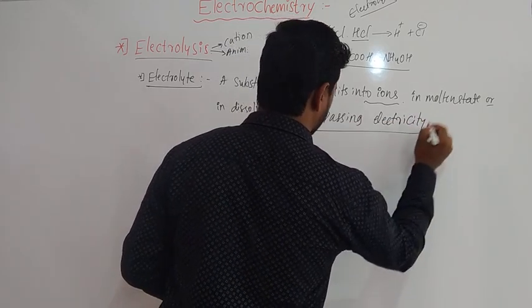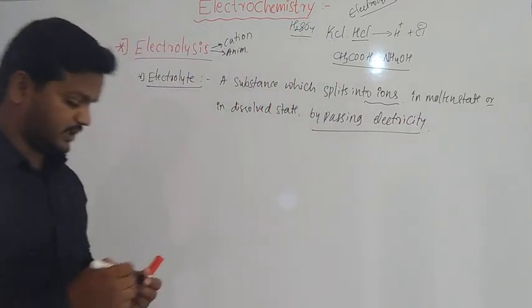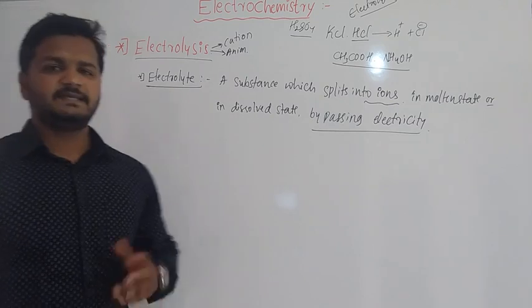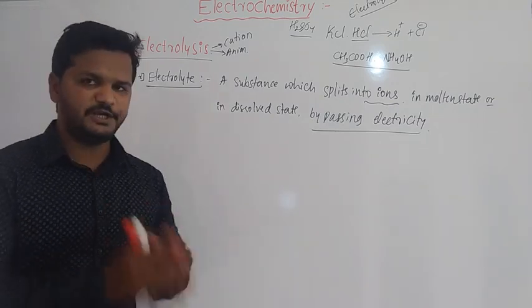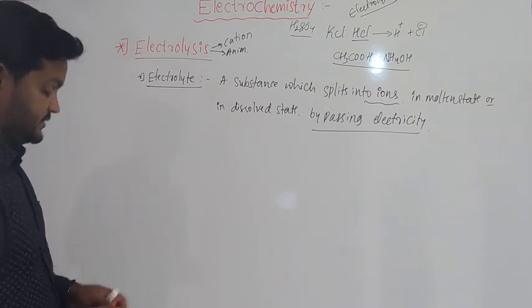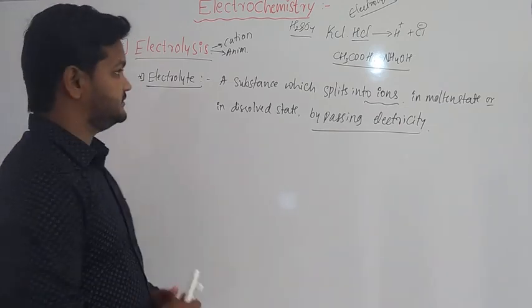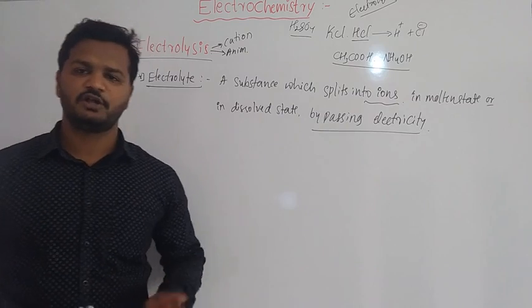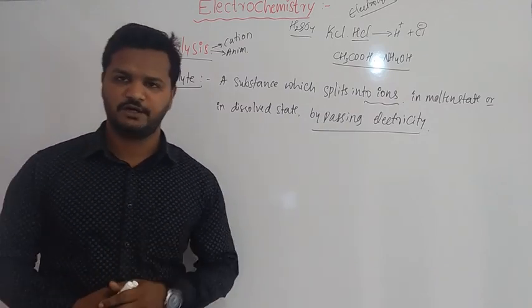You can say in your own words that a substance which splits into ions by passing electricity is called an electrolyte. I already explained that there are three types of electrolytes: strong electrolyte, weak electrolyte and non-electrolyte.